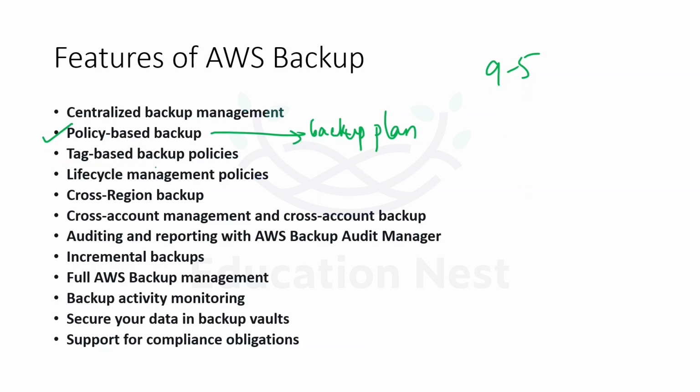Then after backup plans, we have tag-based backup policy. As the name suggests, you can apply your backup plans to AWS resources in a wide variety of ways. One of the ways is tagging them. For example, you have EC2 instances, RDS, and let's say DynamoDB.